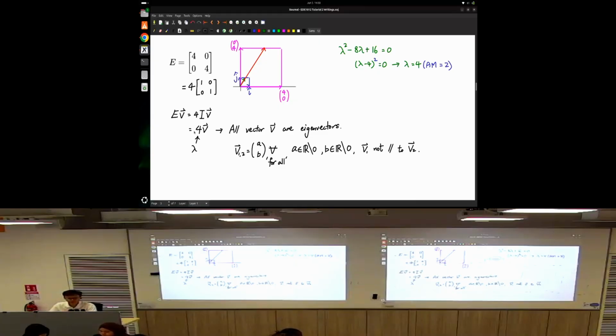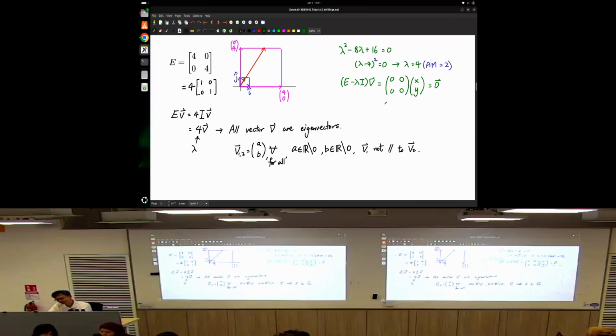But if you look at the condition here, when you try to solve for eigenvectors, (A minus lambda I) times V equals, if you subtract lambda I, what do you get? You get the matrix of 0, 0, 0, 0 times (x, y) equals the 0 vector. Then what does this tell you? x and y can be anything, right? 0 times x plus 0 times y equals 0, self-fulfilled already.